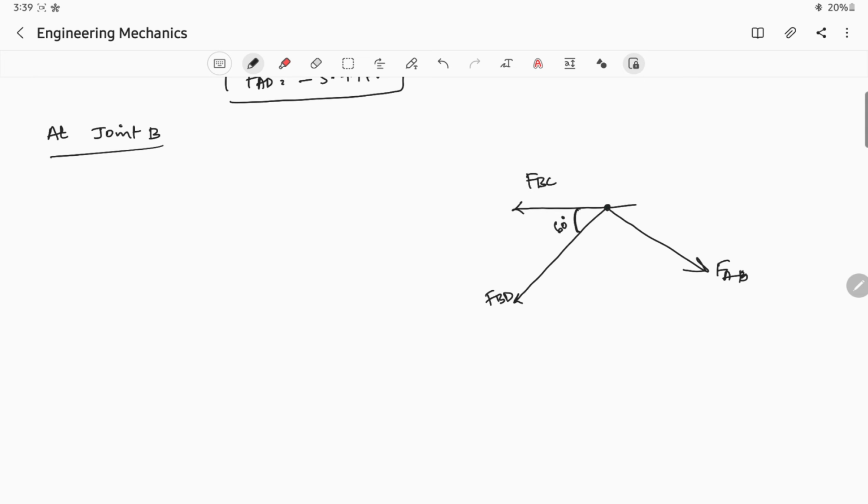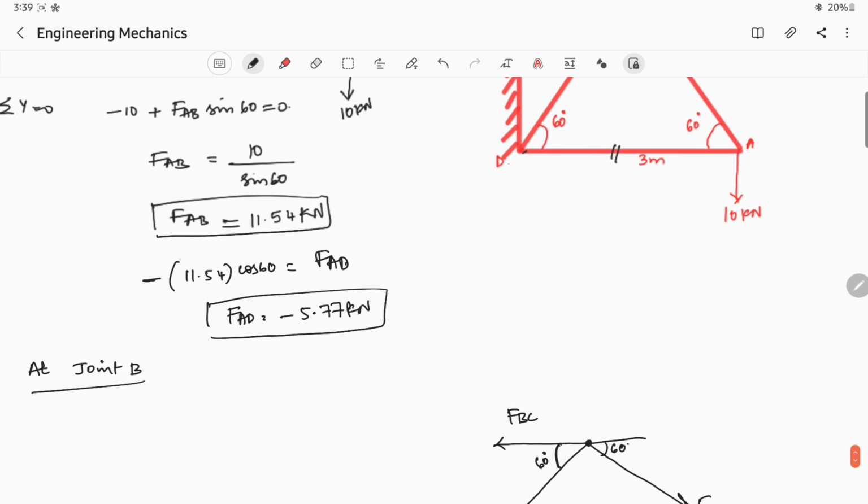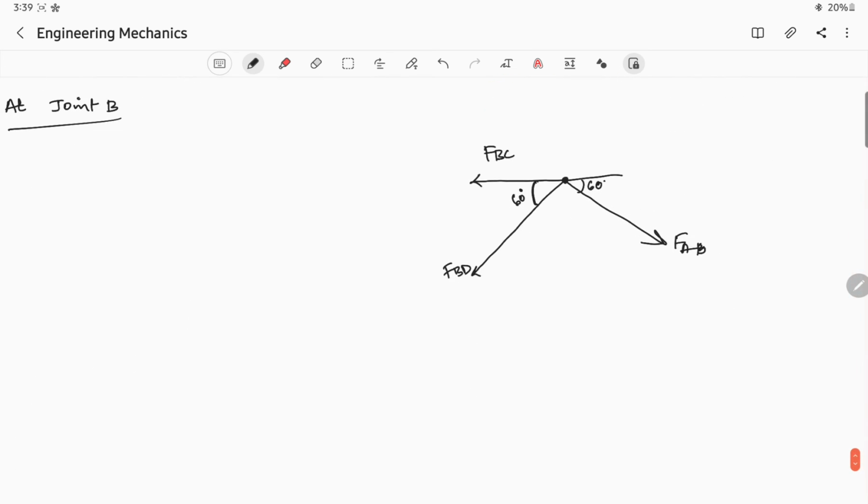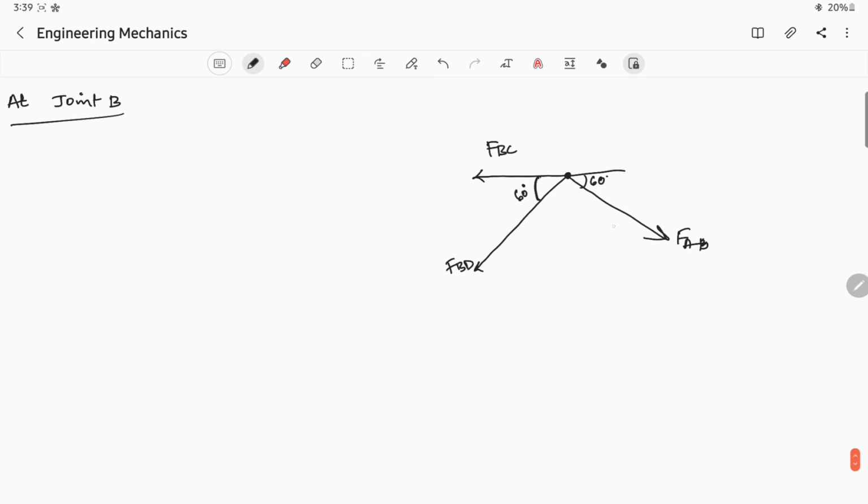AB is also making an angle of 60 degrees. See here, suppose this is the inclined line, this is B and this is A. If this angle is 60, then this angle is also 60. The same thing I am writing here. This angle is 60 given to us, and the alternate angle will also be 60 degrees.